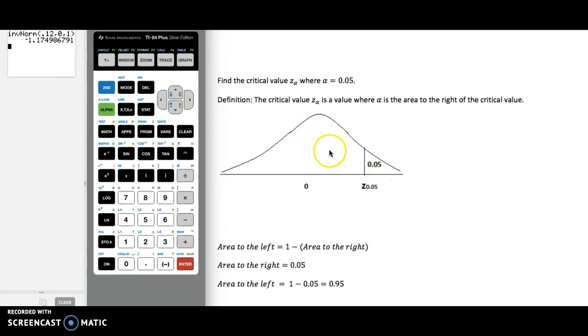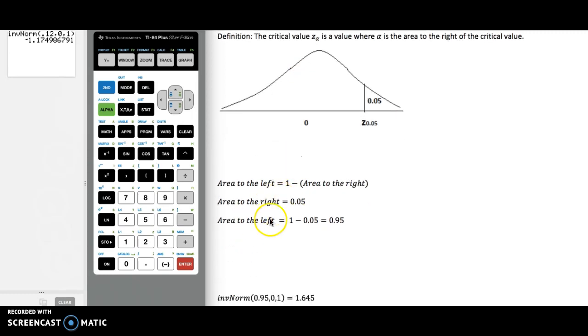So the area to the left has to be 1 minus whatever the area to the right is. So 1 minus 0.05 is going to give me 0.95. So if you have 5% of the graph to the right, that means 95% or 0.95 is going to be on the left side. That's the number you have to use as the area, the cumulative area to the left of the z-score.